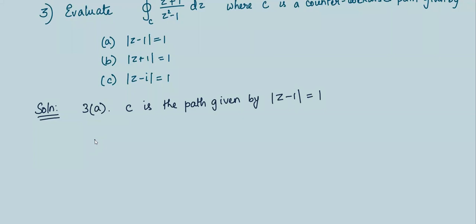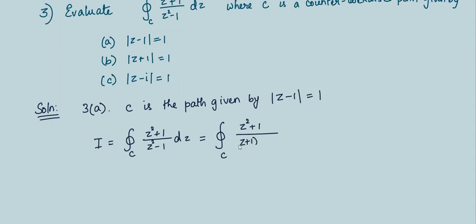Now we have to evaluate the integral over closed path C of (z square plus 1) by (z square minus 1) dz. So now, how will we do? We will write this as (z square plus 1) by (z plus 1) into (z minus 1).